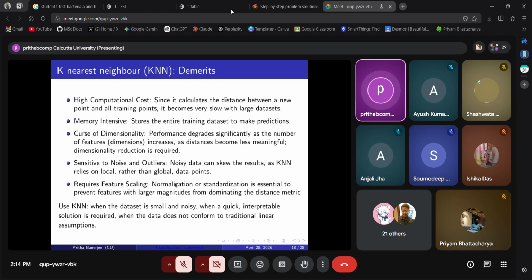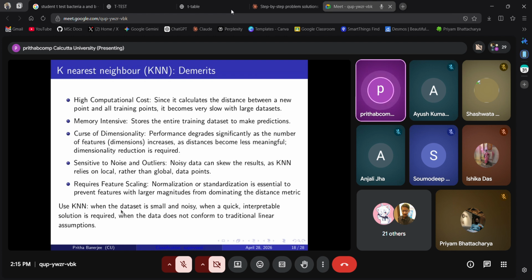Different attributes are in different ranges of values, so they need to be standardized to one scale so that no particular feature overpowers or dominates the other features. So this feature scaling is also an important thing.